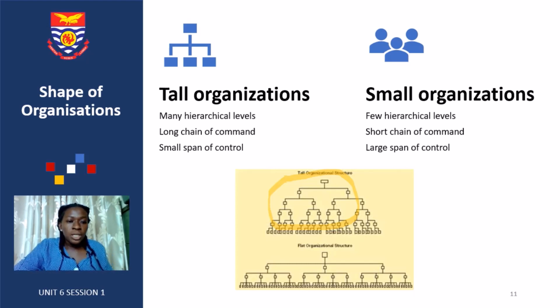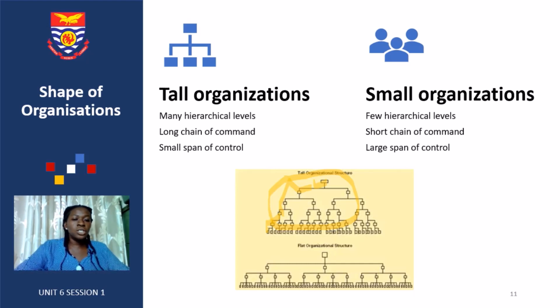This person is reporting to this one, who is reporting to this one, all the way up to the topmost. That is how it works. And you see a smaller span of control, the number of people reporting to a particular manager, or the number of people a manager is supervising or overseeing. They are a bit smaller when it's a tall organization.